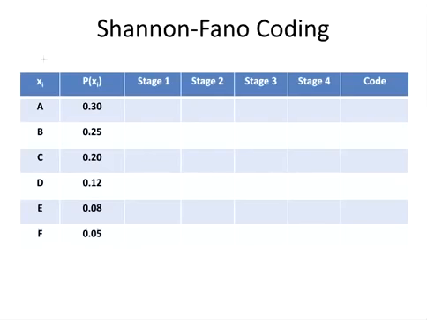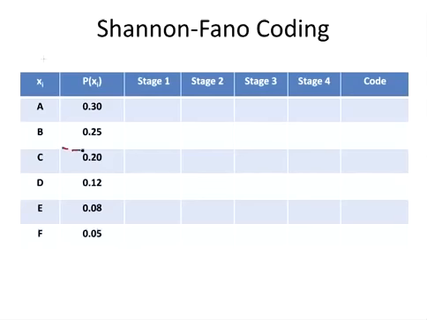So, first off, we have to partition our set of symbols according to the idea that the sets must be as close in terms of probability as possible. So that means as equally probable as possible.